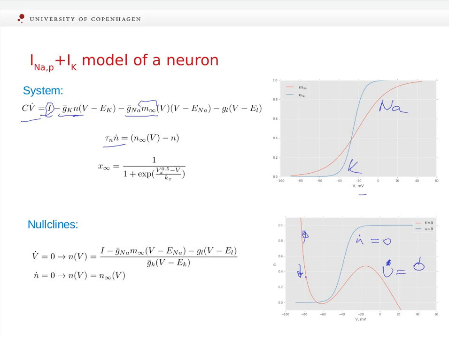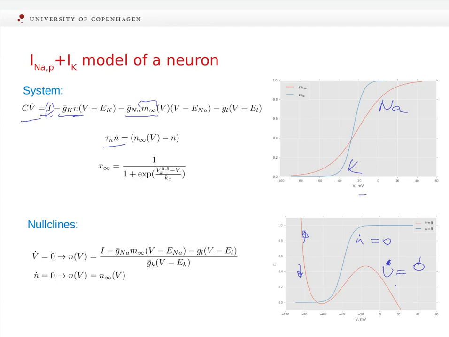And this will define the change in behavior of our dynamical system, and the actual shape of the null lines will define what kind of bifurcations will occur.